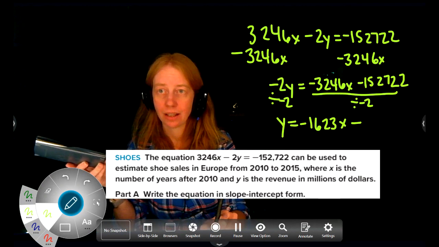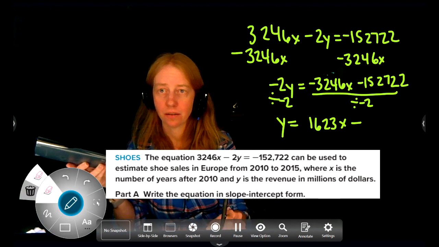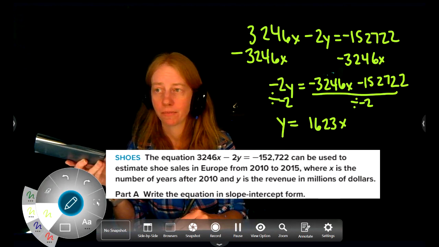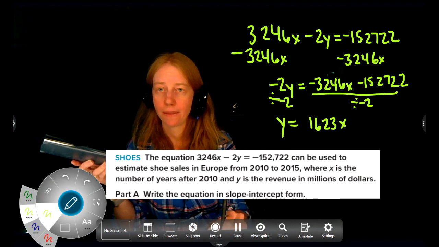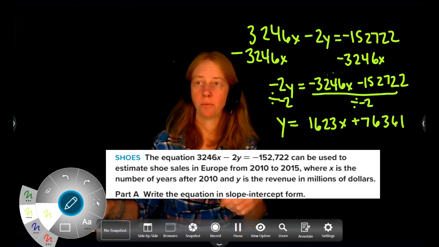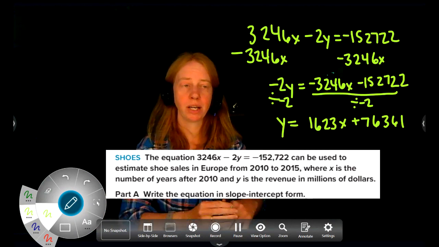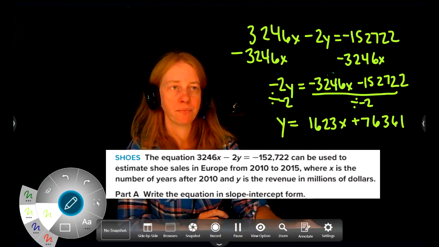If we divide it by -2 and that's negative, and that's negative, then it's positive. This one's going to be positive too. Good thing you guys caught that. So glad. 76,361. Okay, so again, we still have big numbers, but at least we've done the first part, which is write the equation in slope-intercept form.